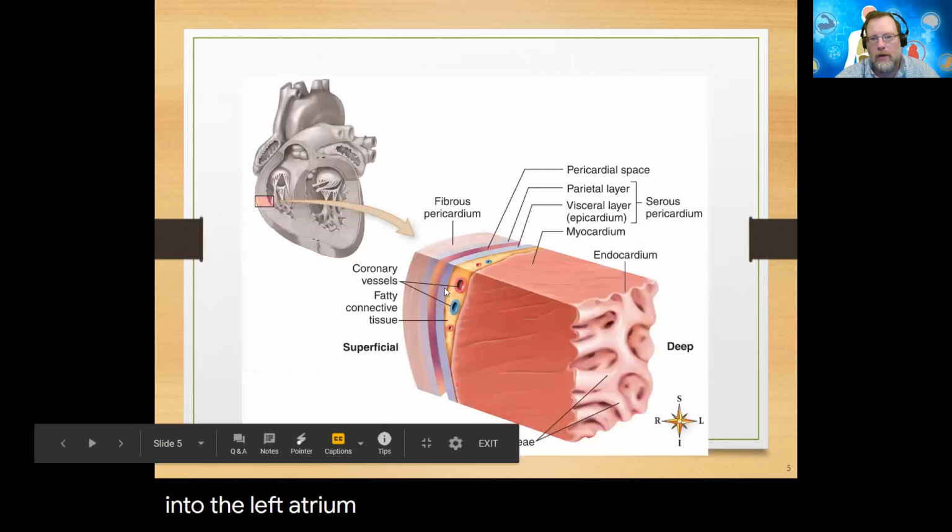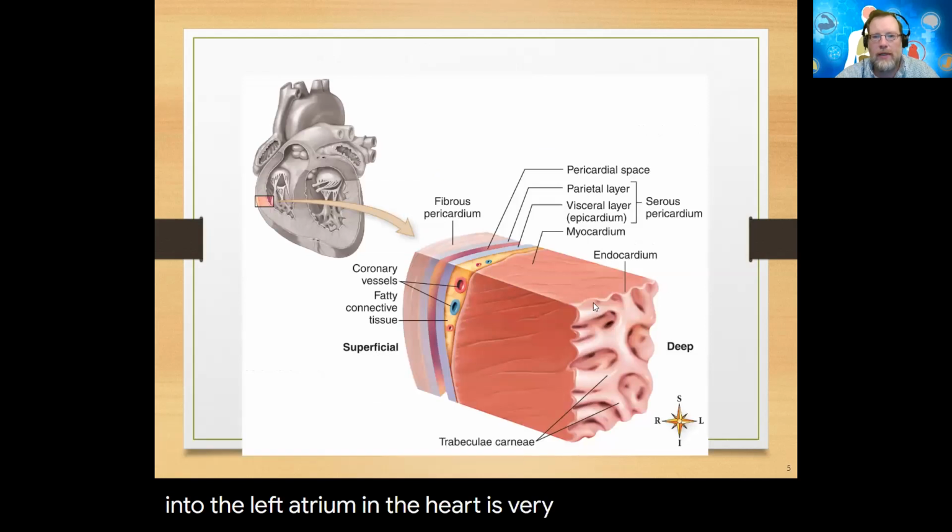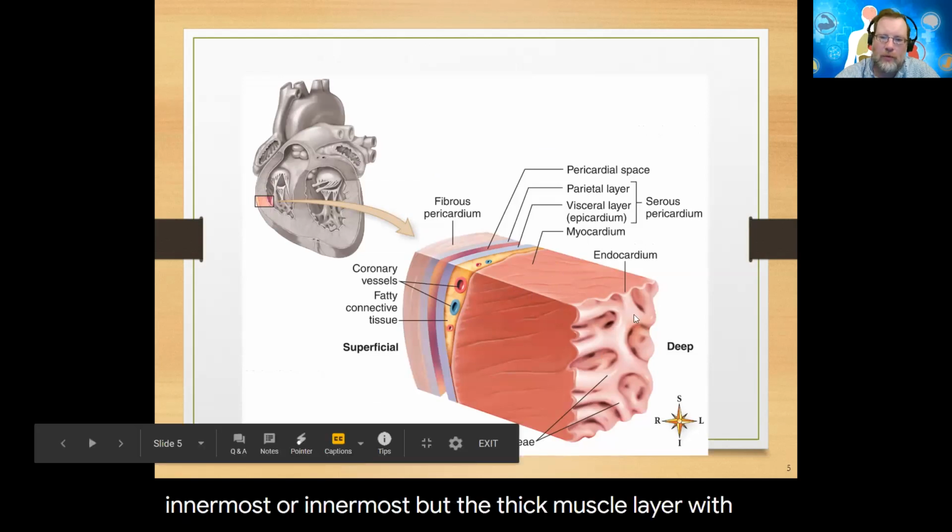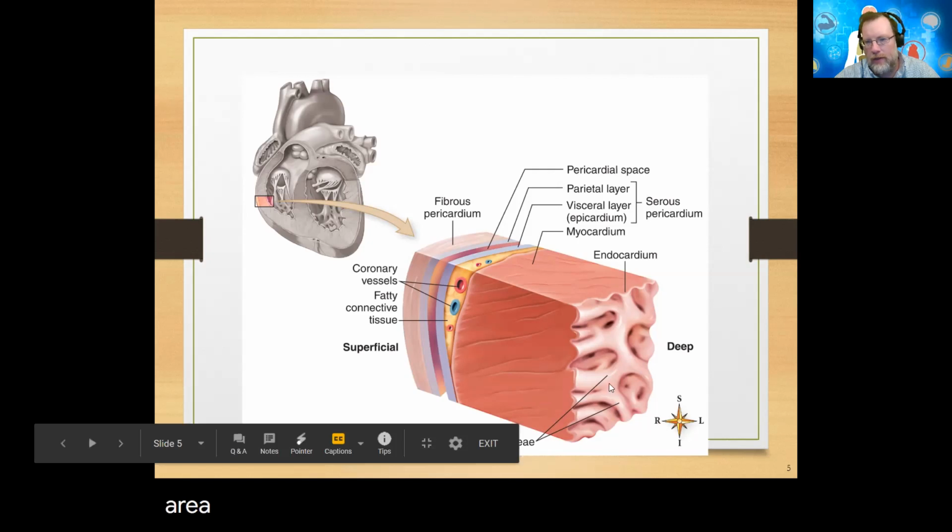And again, the heart is very thick. We've got multiple layers. We have the myocardium, the thick muscle layer, with that innermost or deep layer, the endocardium, making up the area of the chambers where the blood is going to be making contact with the heart.